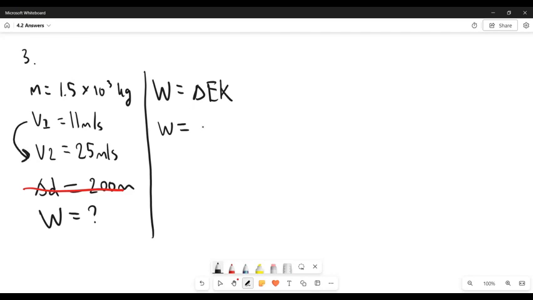velocity 2. And we know the equation for that is the final kinetic energy minus the initial kinetic energy. So what that's going to look like is 1 over 2 mv squared, minus 1 over 2 mv squared.